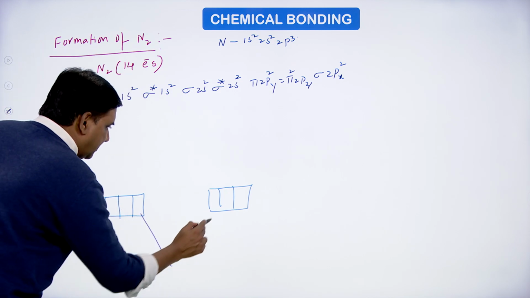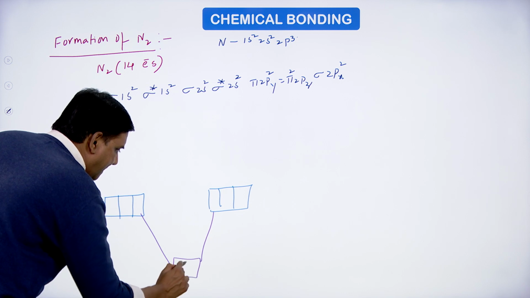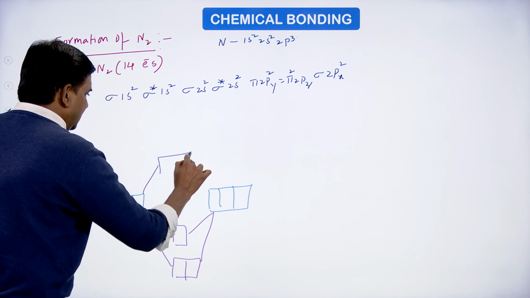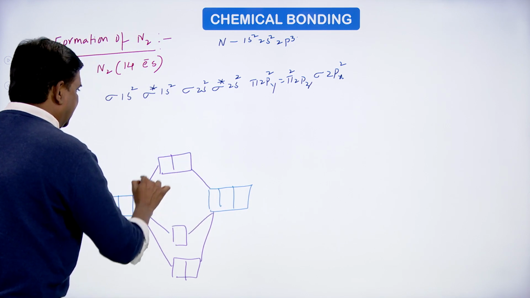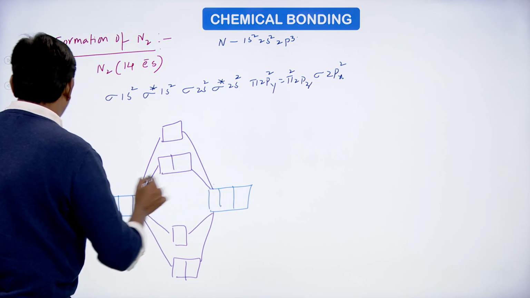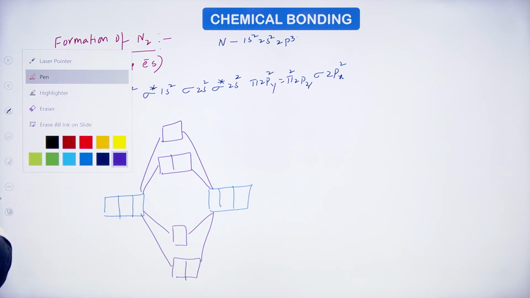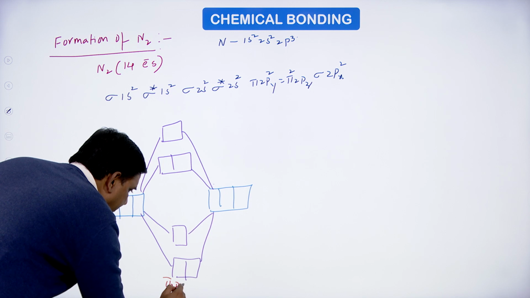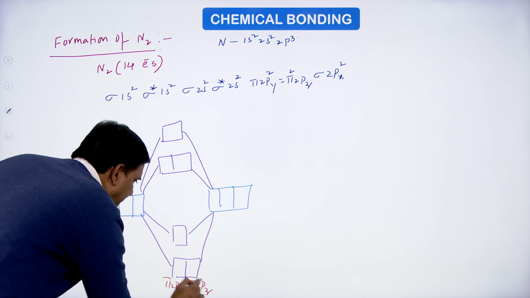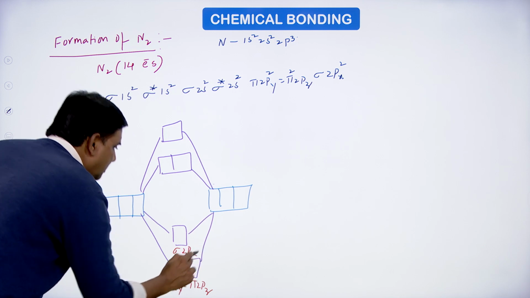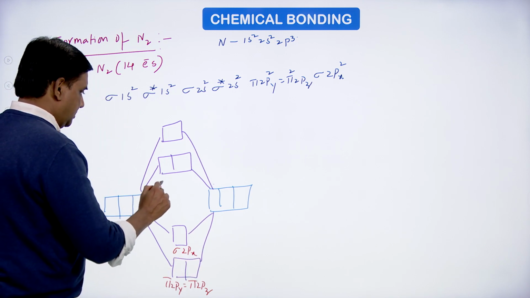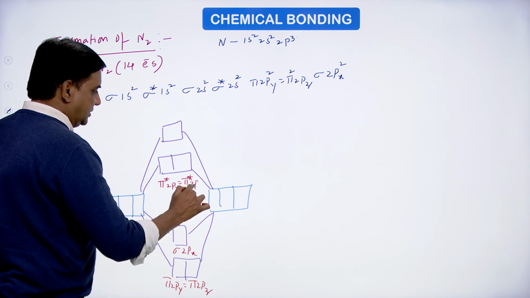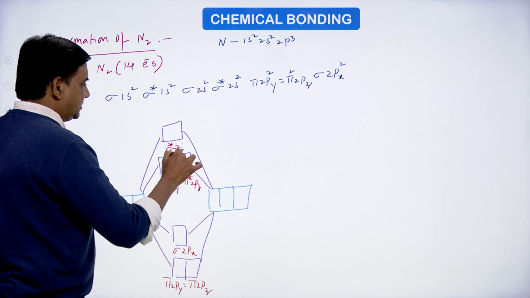The lowest energy is pi 2py, next lowest energy is sigma 2px, then the highest are pi star 2py equal to pi star 2pz and sigma star 2px.